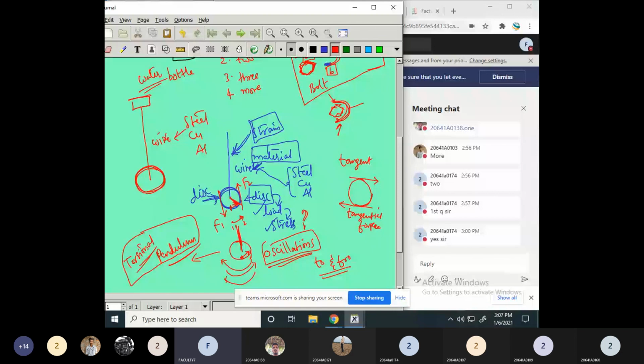Now the question is, if you apply two equal and opposite forces and then remove them, why are you going to get the oscillations? If you want to try, you can give me the answer in tomorrow's class.